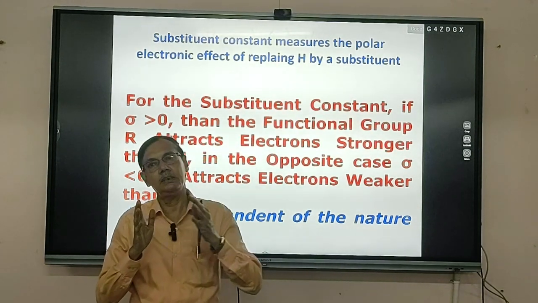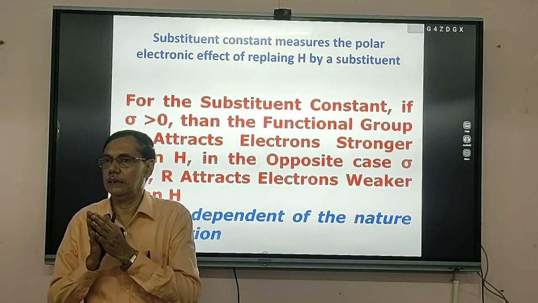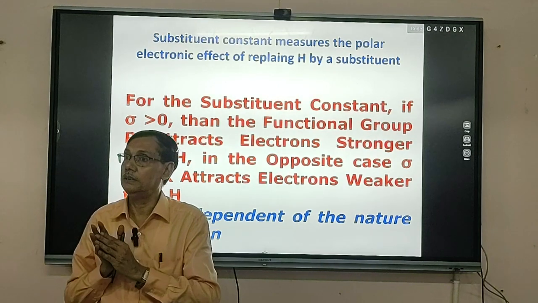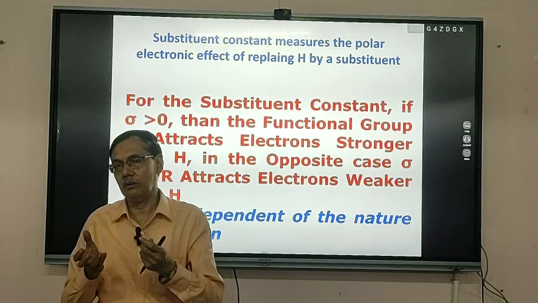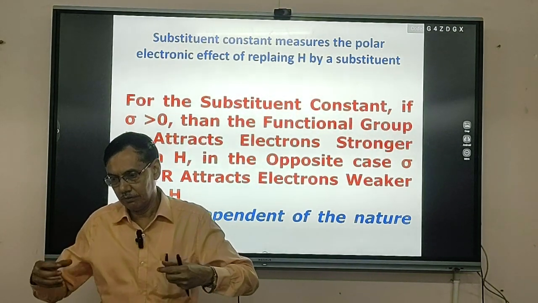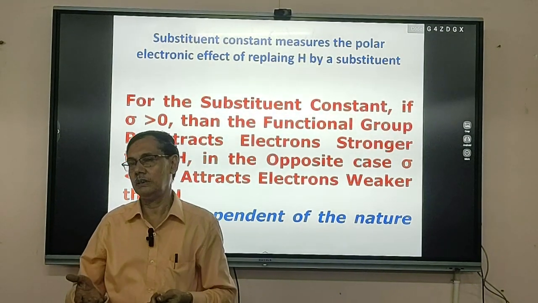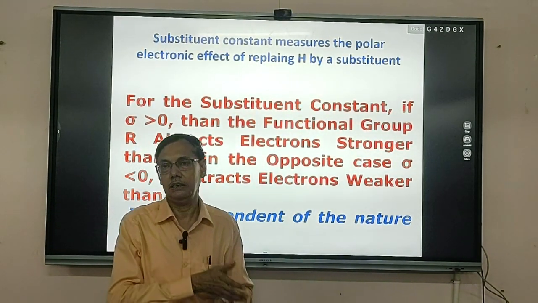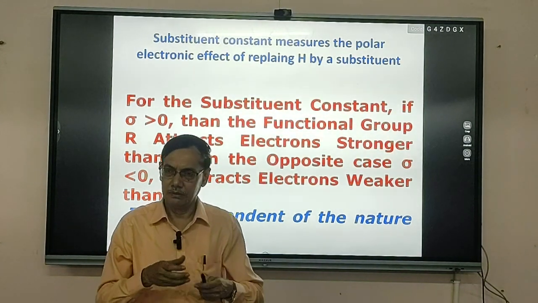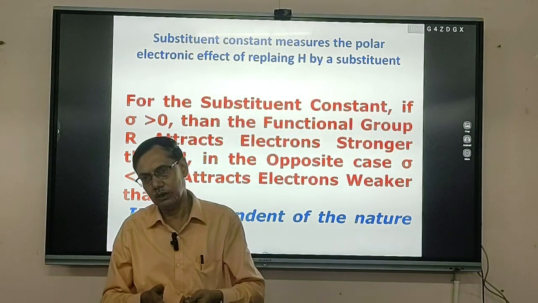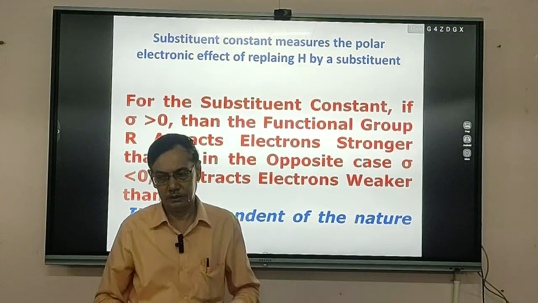Therefore it is sometimes called linear regression analysis, simple y is equal to mx plus c. But you know that in organic chemistry there may be multiple effects. So they modified that equation, which is called multilinear regression analysis. That is how you calculate the polar effect, steric effect and resonance effect.